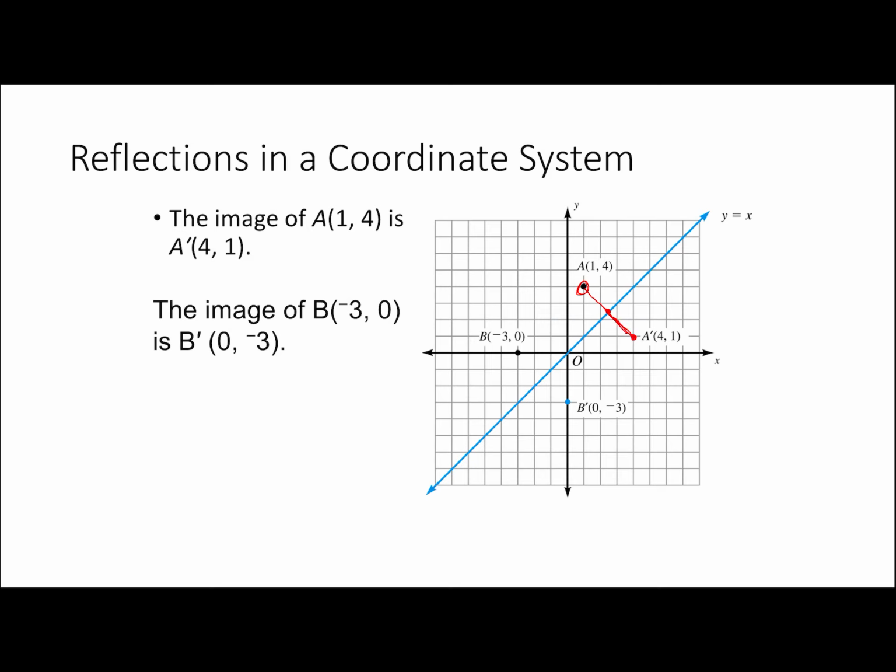And remember, this line of reflection is a perpendicular bisector. So that means that the line between our 2 points is perpendicular to this line of reflection, and it bisects it. So this distance is the same as this distance.